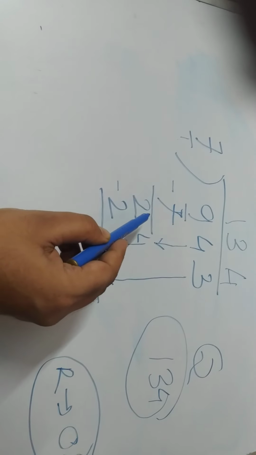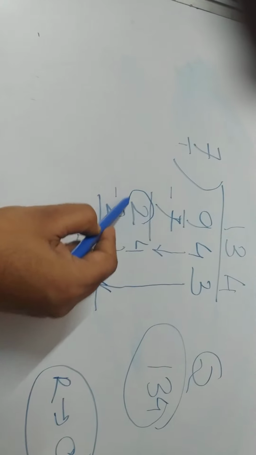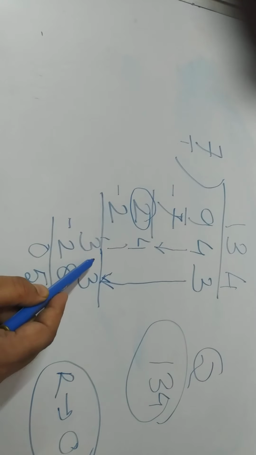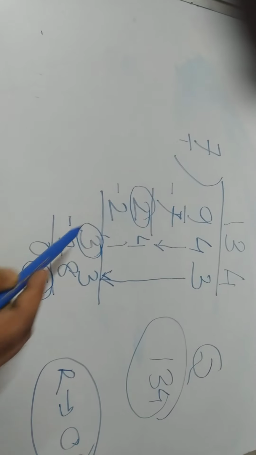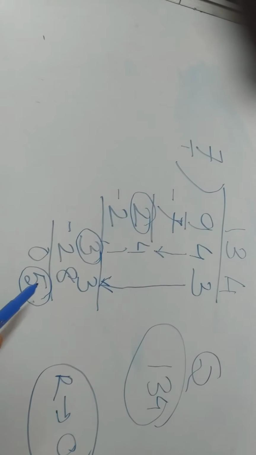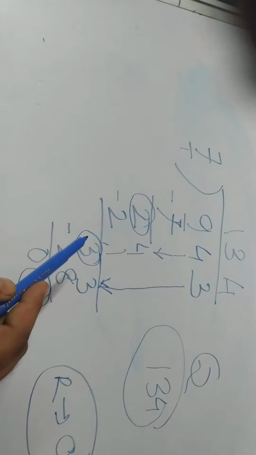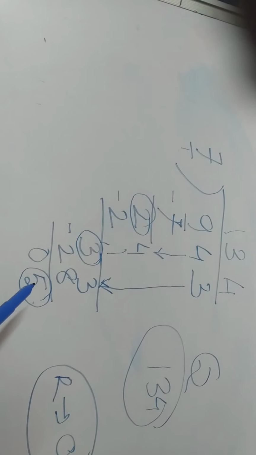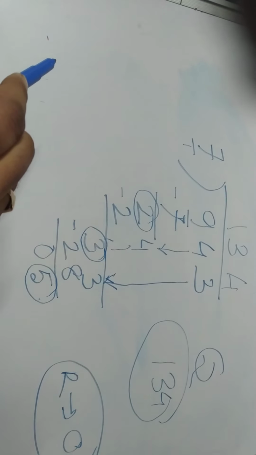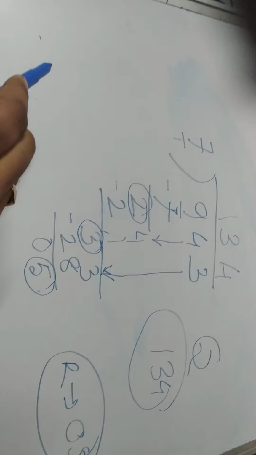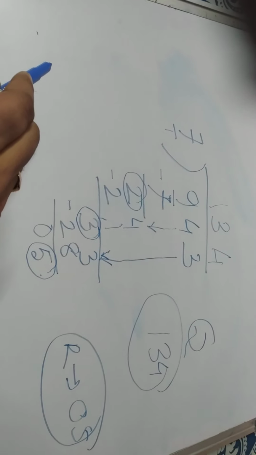Here you can see the first time it is 2, second time it is 3, and finally it is 5. So always the remainder, or the leftover, is less than this divisor. Always keep this in mind. Then you cannot do anything wrong in division.